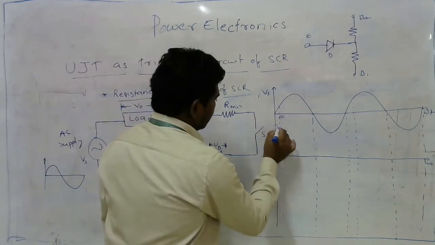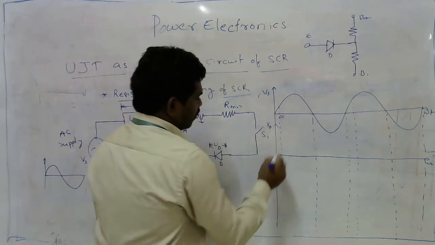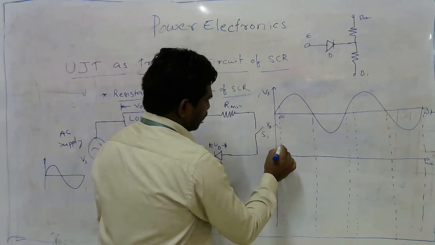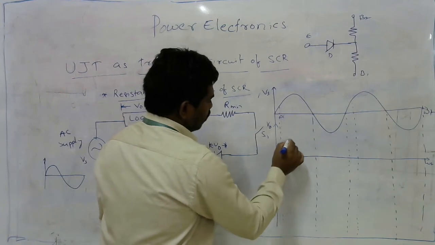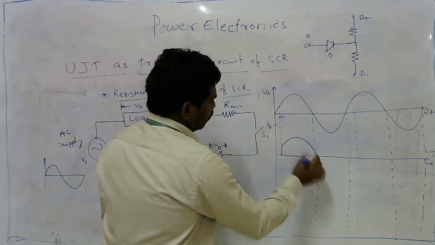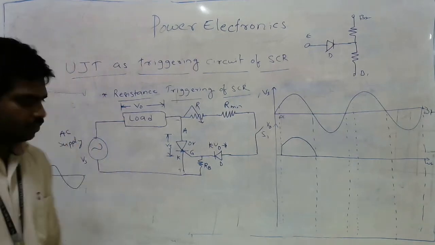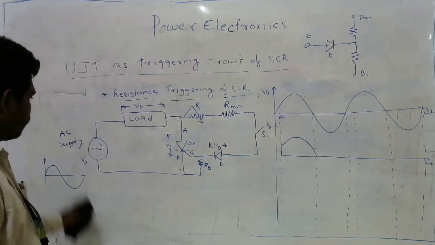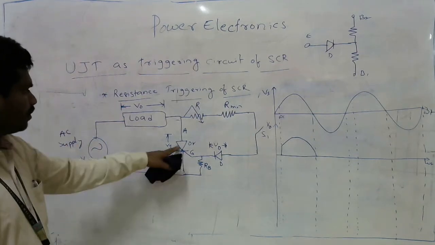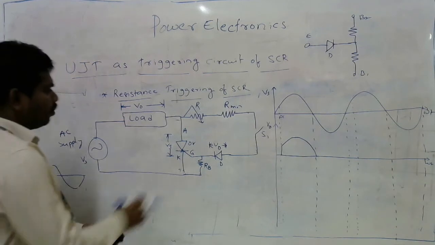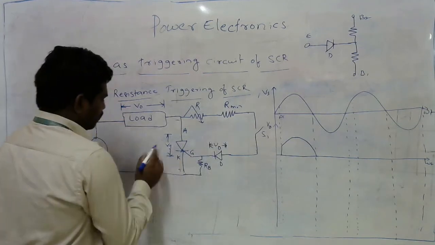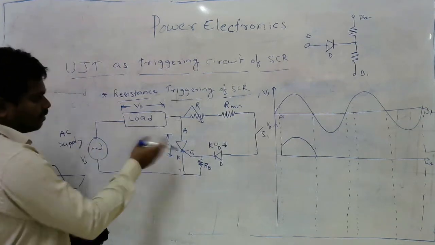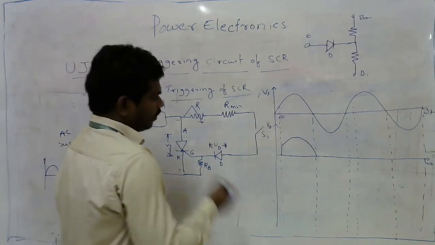Then next I am taking the V naught value. After the alpha value only, I get the output like this. Then when the negative half cycle comes, there is no output because it is open circuited. During the negative half cycle, whatever the applied voltage is will be available across the SCR.